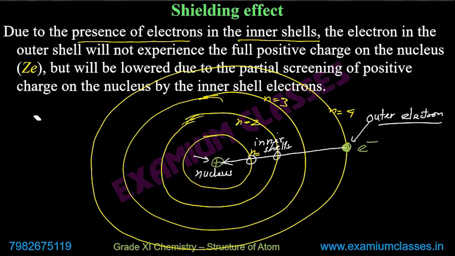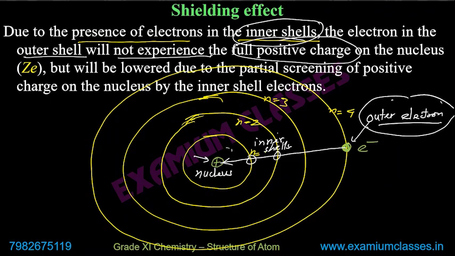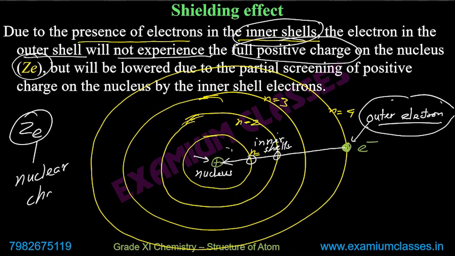Okay, so coming back to shielding effect. Shielding effect is the reduction in the force of attraction due to intermediate electrons, in simple terms. So due to presence of electrons in the inner shells, the electron in the outer shell will not experience the full positive charge on the nucleus. This is known as Ze, where e is nuclear charge, but it will be lowered due to partial screening.